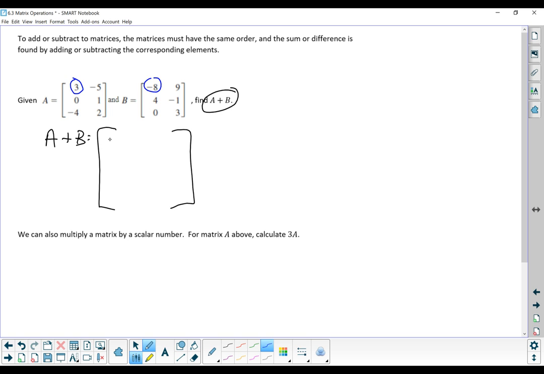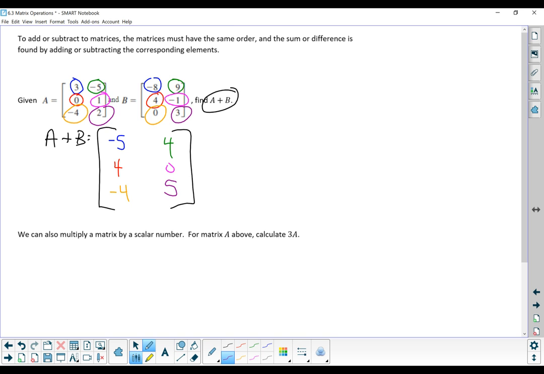So 3 plus -8 gives me -5. -5 plus 9 gives me 4, and each corresponding element gets added to its corresponding element in the other matrix until you've added them all together. -4 plus 0 is -4, and 2 plus 3 is 5. So A plus B would be this new matrix.